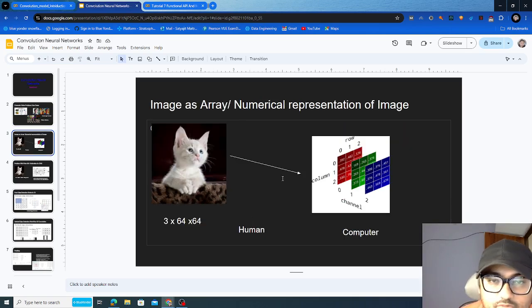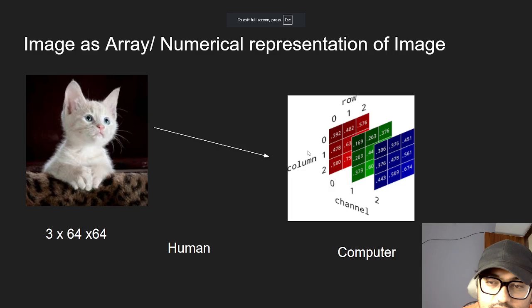Now moving ahead, for any image, let's say this is an image of a cat. Normally we see a cat like this, but the cat image is nothing but an array with 3 channels, RGB, and let's say it's 64 cross 64 pixels.